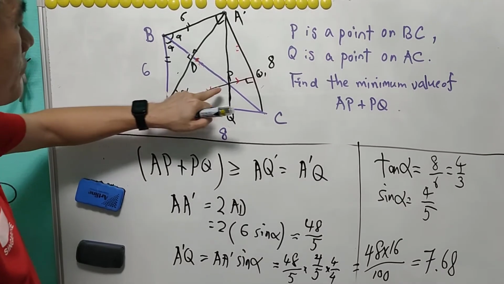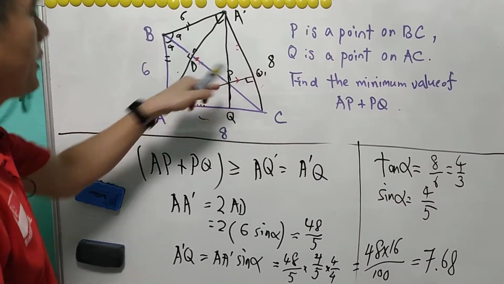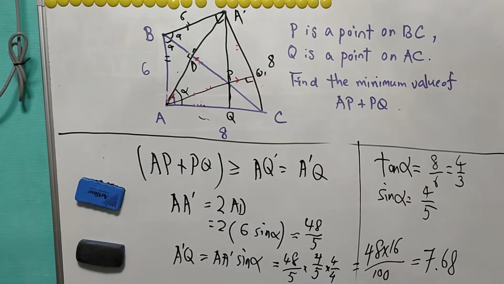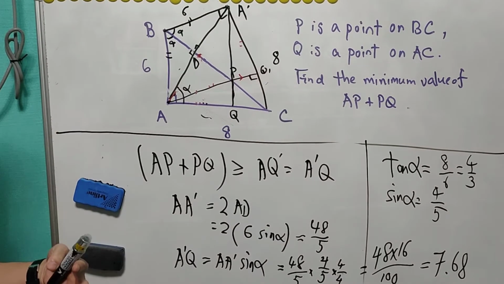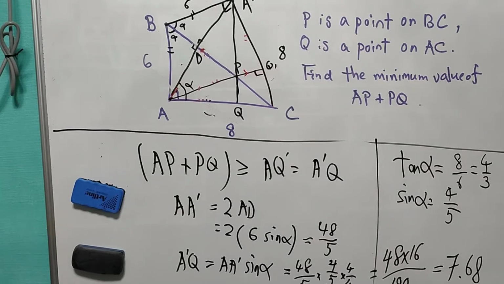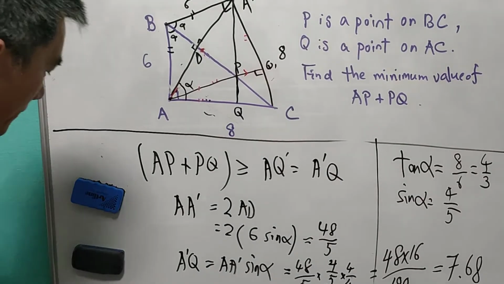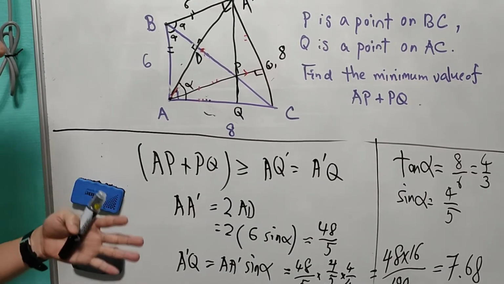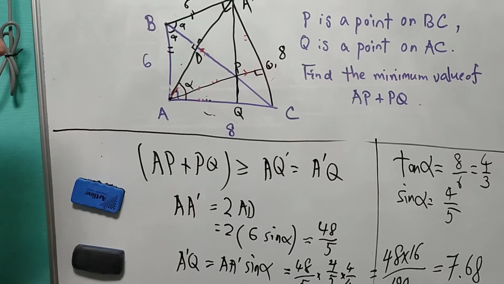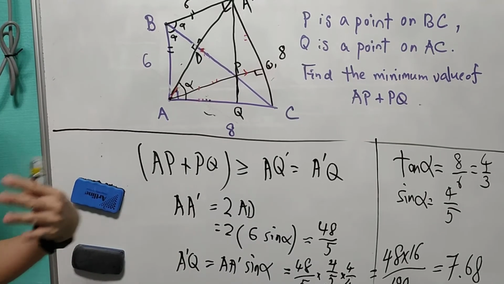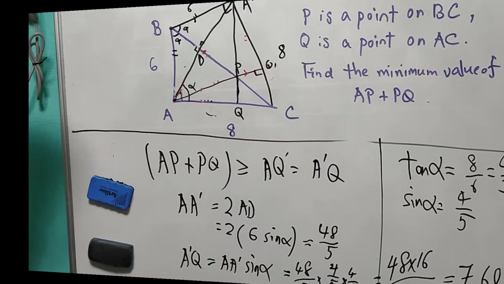The equality holds if and only if P is somewhere here. This is one way to get the answer. Now maybe we discuss a little bit more for another answer using geometry. There will be another answer using algebra and inequality, which I'll leave to the audience.